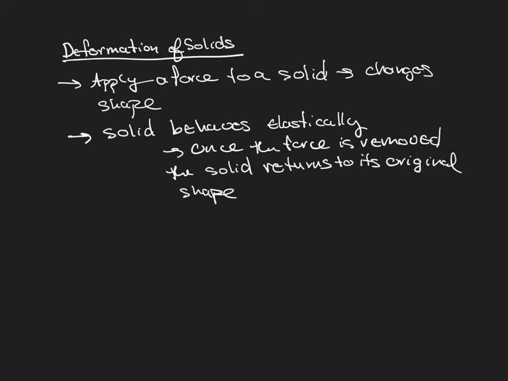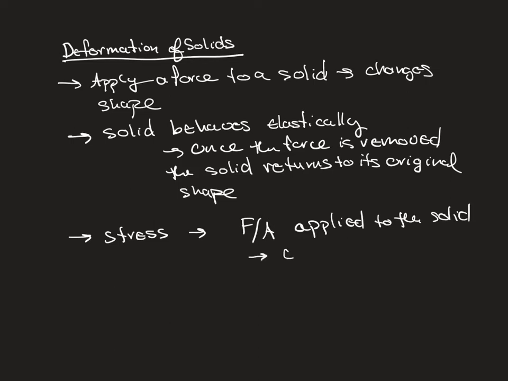So we're going to introduce two new vocabulary words. The first is stress. And stress is the force per unit area applied to the solid. And this force per unit area actually causes the deformation.